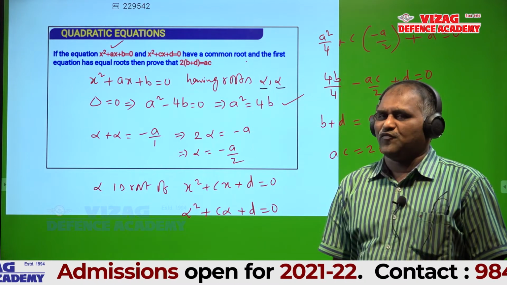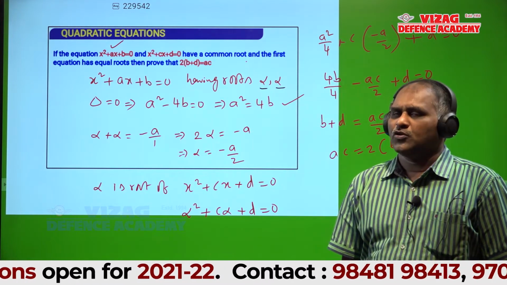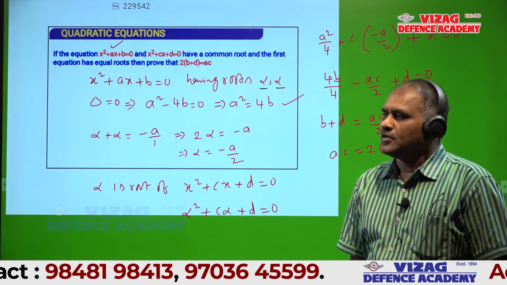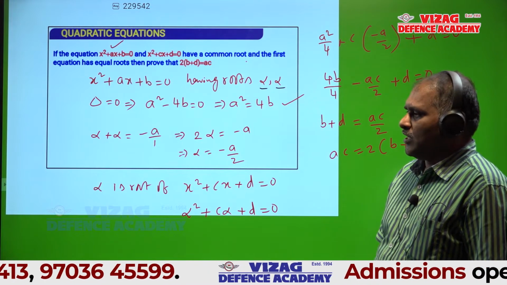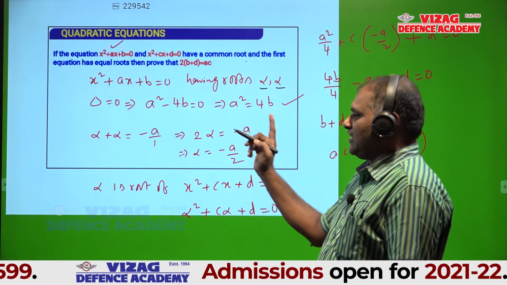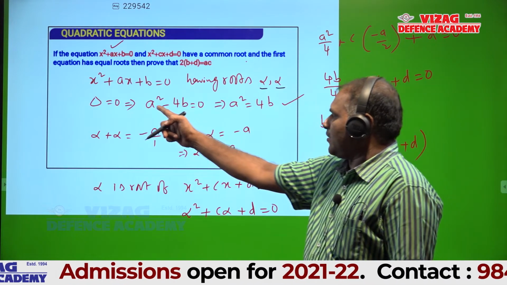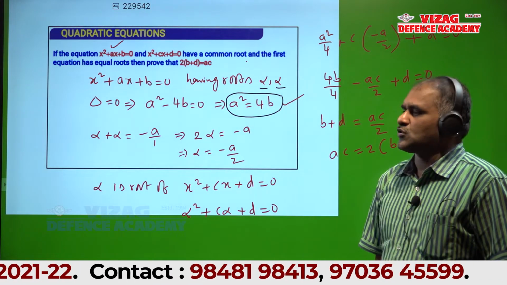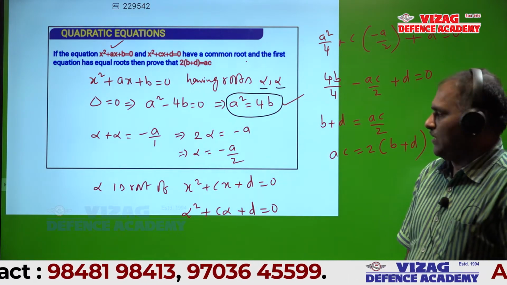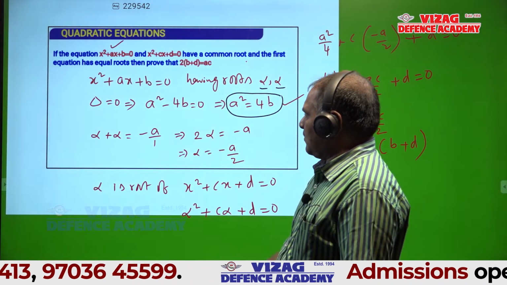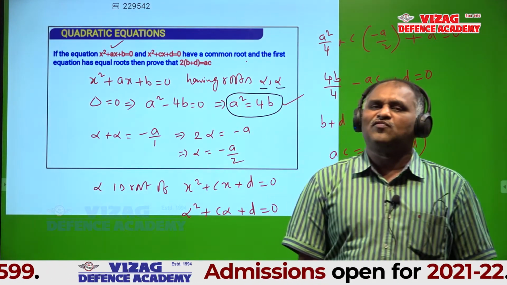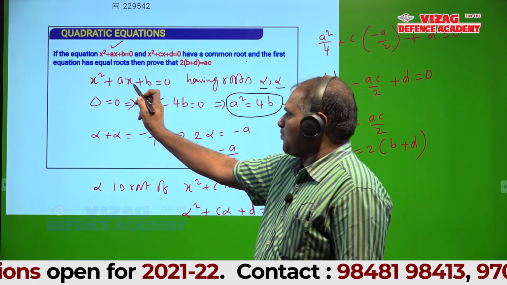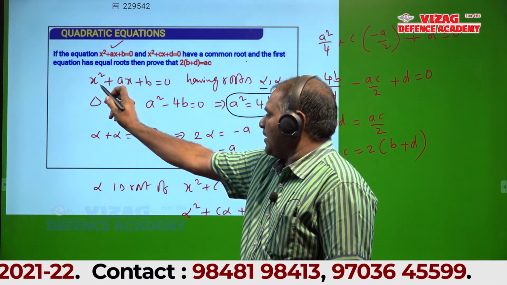What is the discriminant formula? Do you know it? b square minus 4ac. Good. b square minus 4ac is equal to 0. Using that, we get the condition a square is equal to 4b. After that, what is the sum of the roots formula? Minus b by a, but here b in place of a, and a in place of 1.